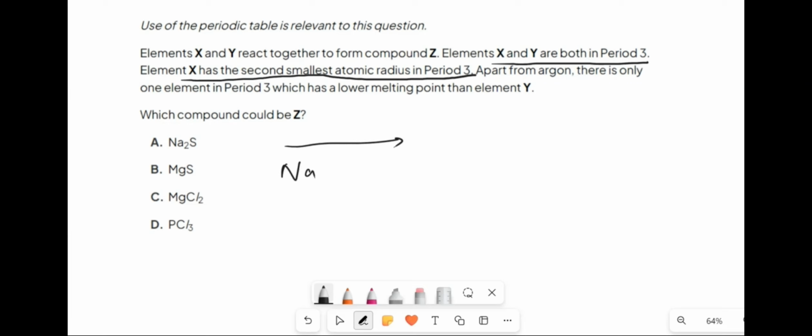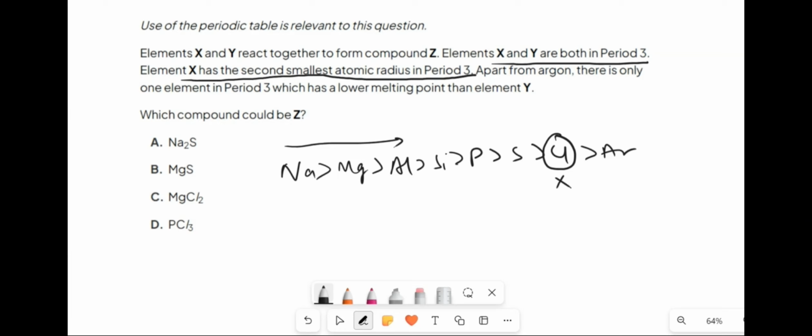That means sodium has the biggest atomic radius, then magnesium, aluminium, silicon, phosphorus, sulfur, chlorine, and then argon. Because the nuclear charge increases, the atomic radius decreases. So the second smallest atomic radius means chlorine. This is our element X.